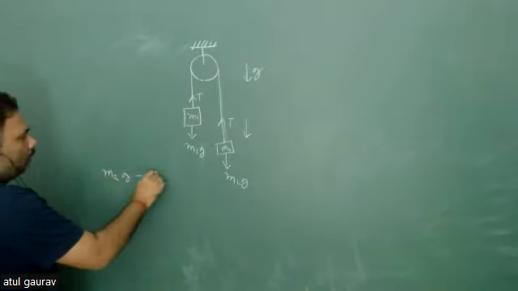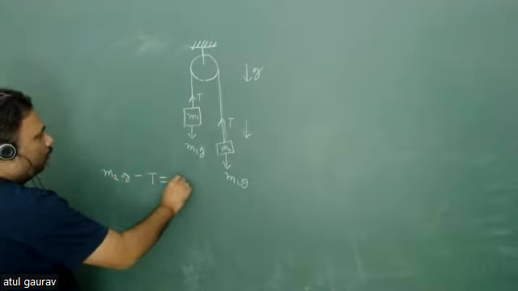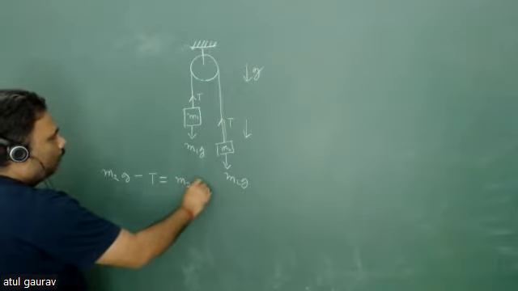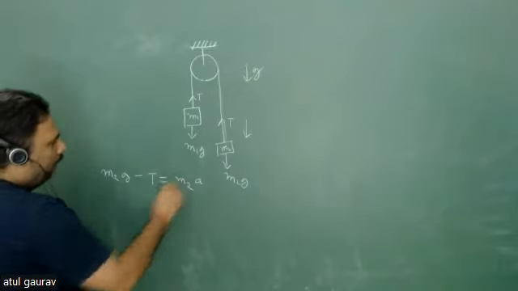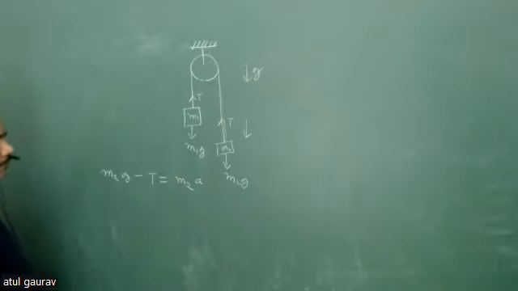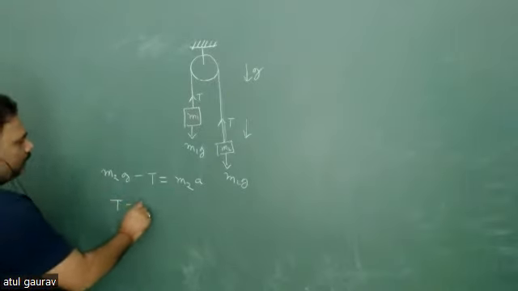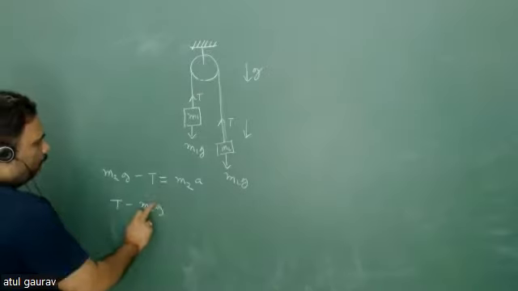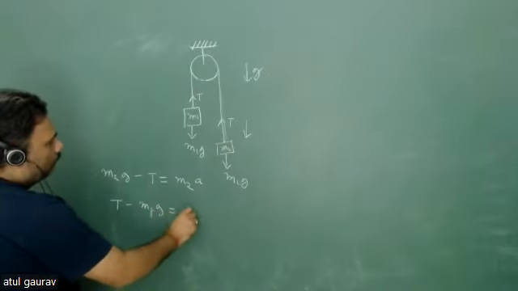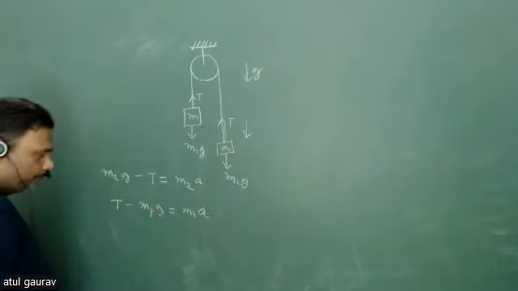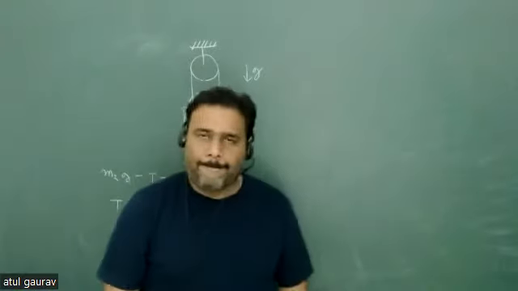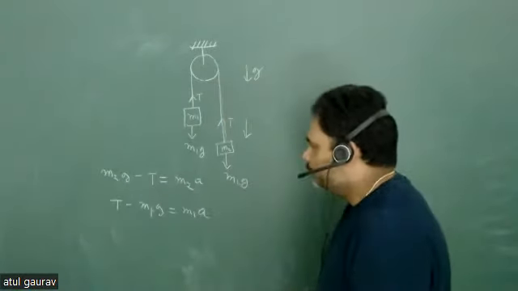M2g minus T is equal to M2a. ये लिखते हो, Yes, sir. and second आप क्या लिखते हो? T minus M1g is equal to M1a. क्लियर है ये? ऐसा ही तो लिखते हैं ना?